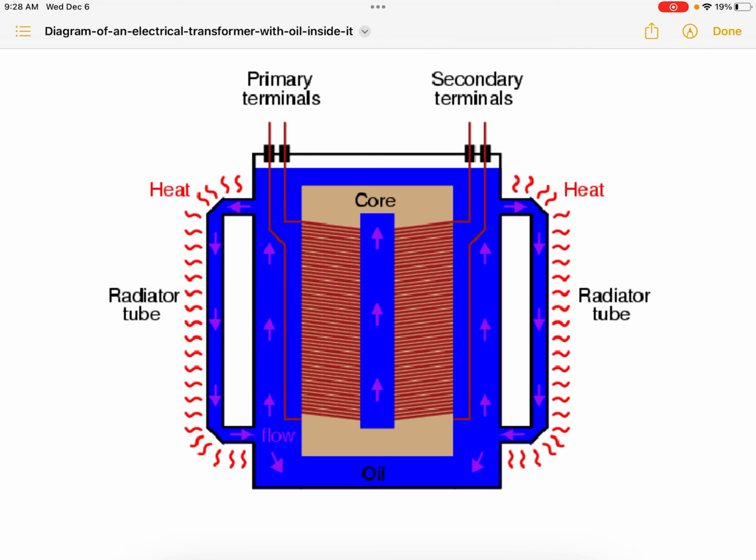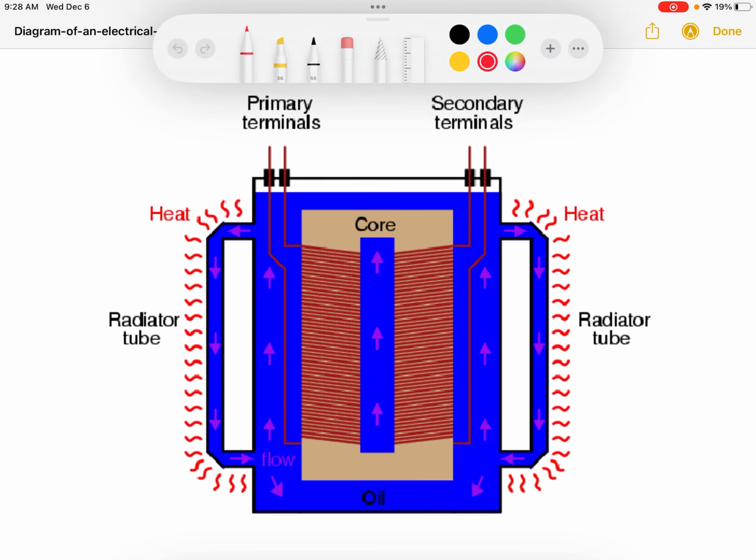Let me circle it for you. On this side, if this is the primary terminal, this side we also call the primary windings, or primary coils. And on the other side, we have the secondary coils and secondary windings.